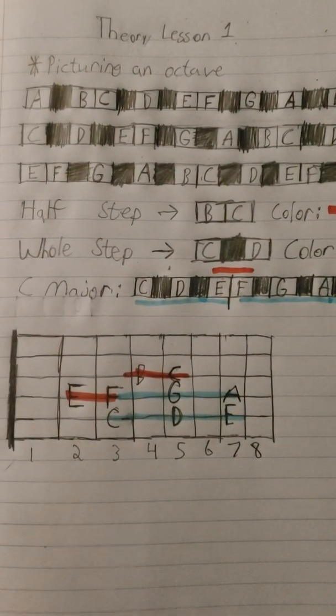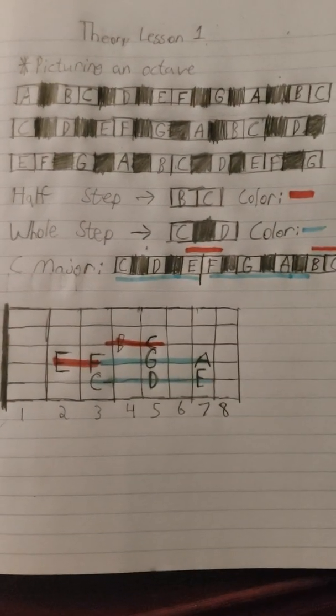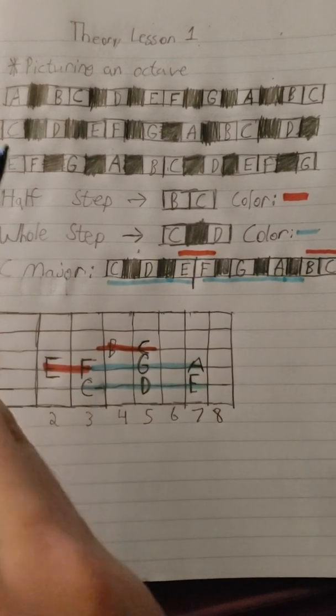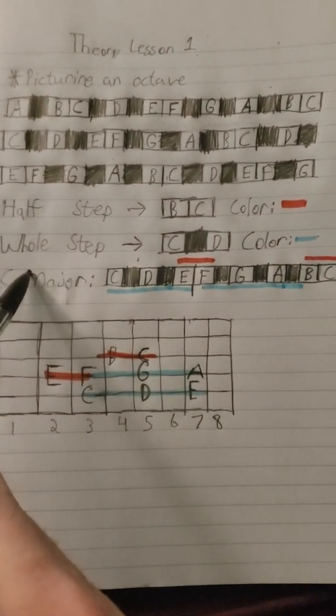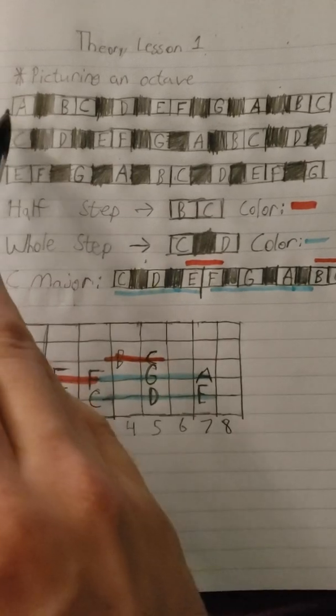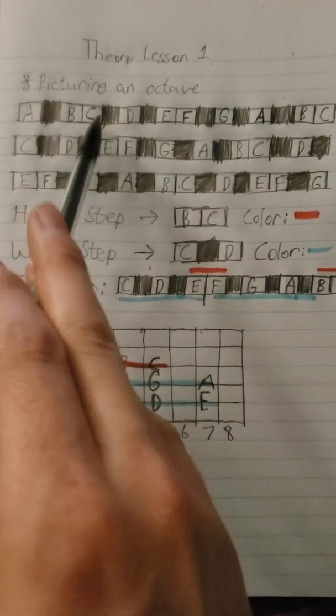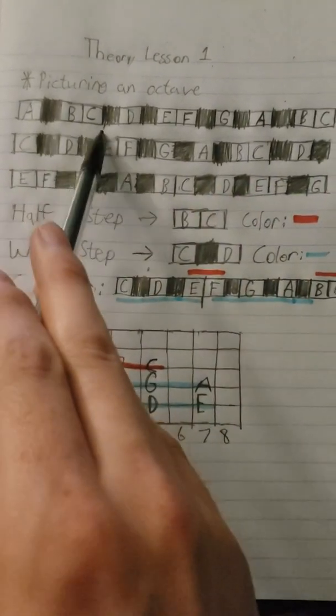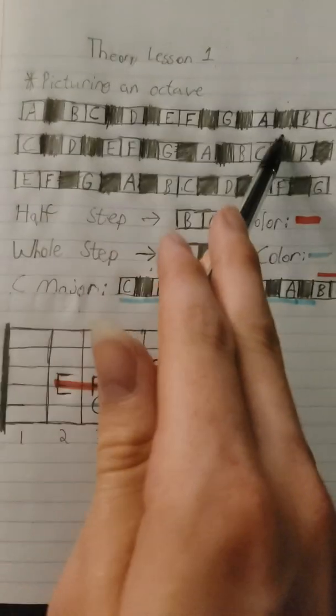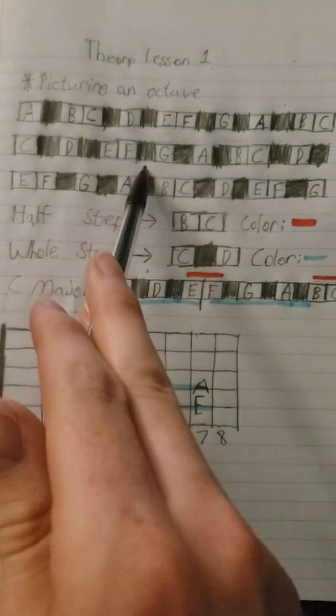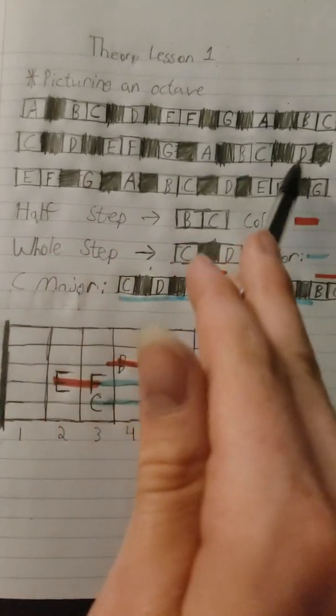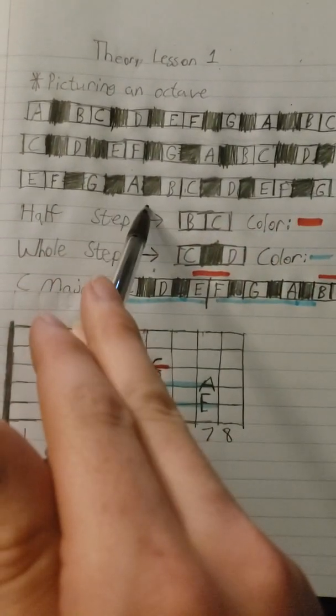But the way that we are going to think of this is in terms of half steps and whole steps. Now on a piano keyboard, all the white keys are not sharp or flat, and all the black keys are sharps and flats. And notice that they're in either groupings of 3 or groupings of 2.